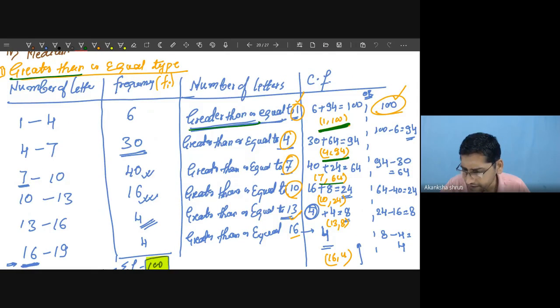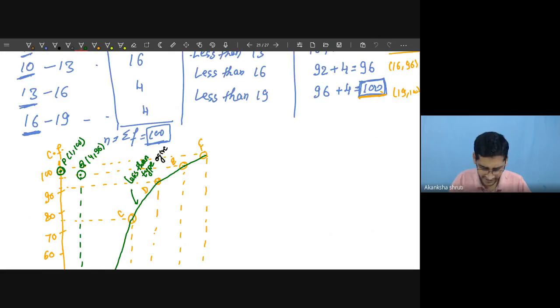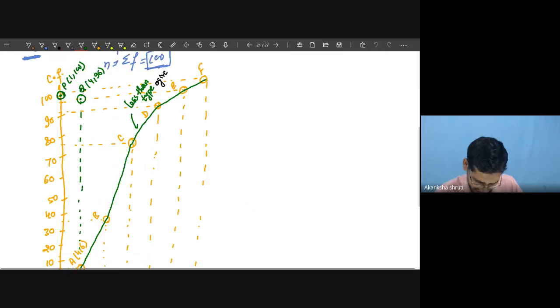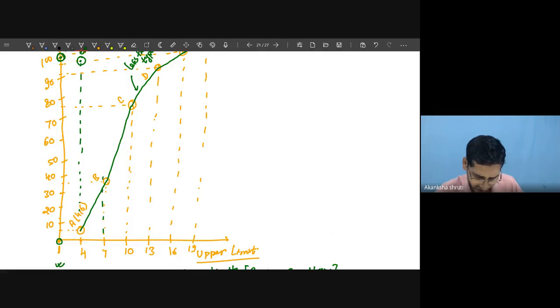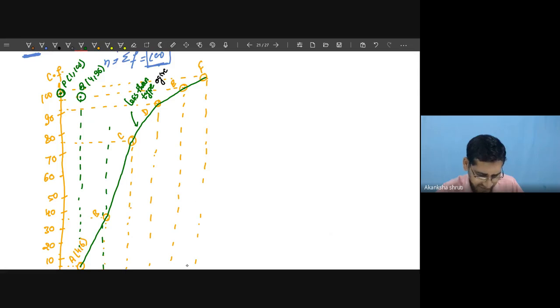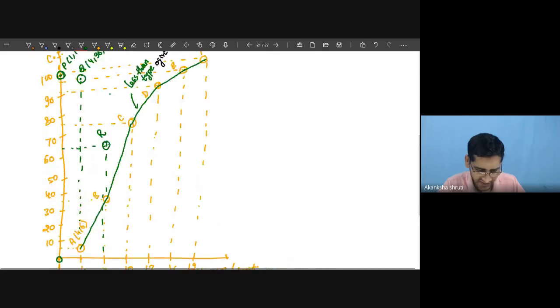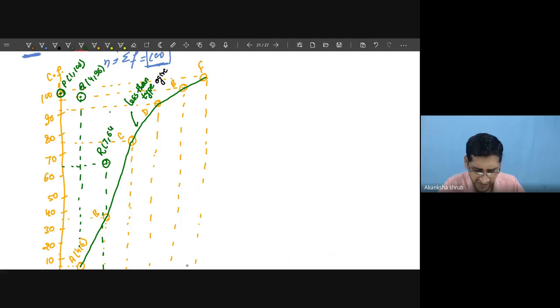The next one is our 7 and 64. At this 7, we need to go for this 64. So 64 will be somewhere here. Mark this point as R. It is our 7 and 64.